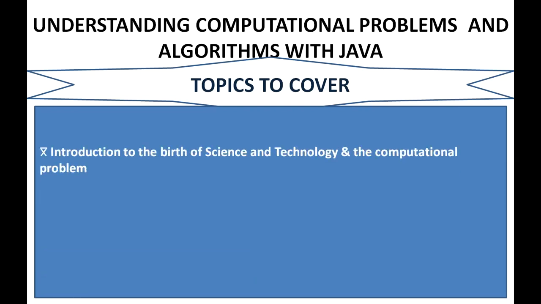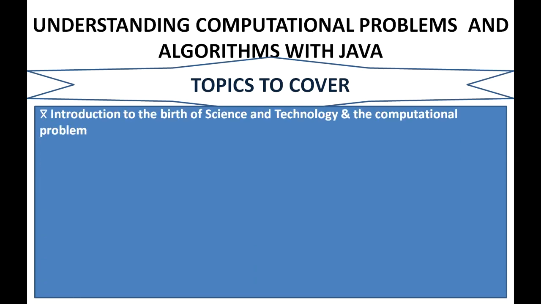The first one will be just the introduction to the birth of science and technology and the computational problems, because we cannot do anything without history or without knowing the background. So I just want to take you back to the background so that we have some kind of idea, and perhaps you may do further research to dig down more in order to understand what I am going to discuss with you concerning the birth of science.